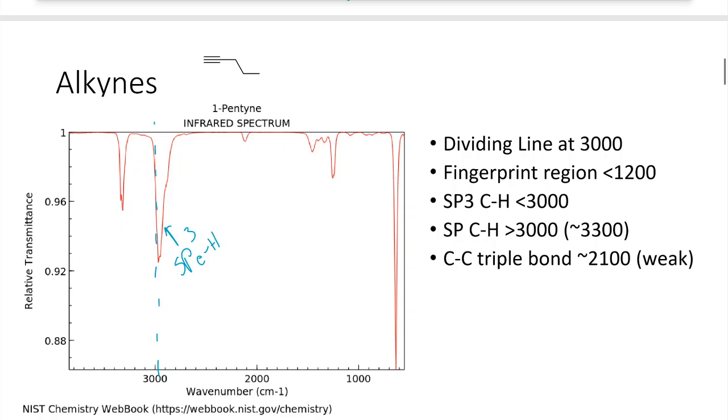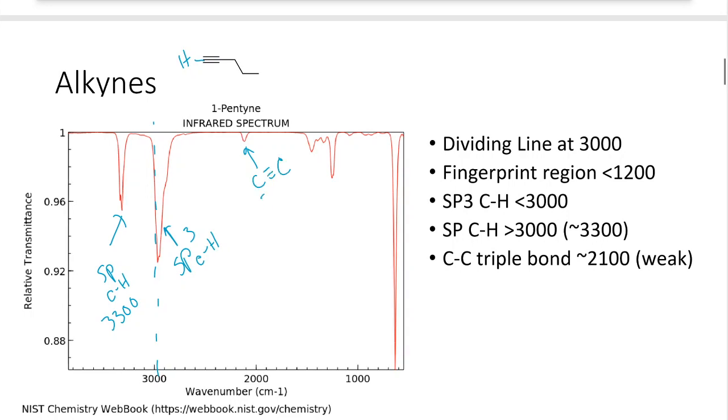And they have, if it's a terminal alkyne, an sp CH stretch at around 3300. And this is kind of a medium intensity peak. It's usually pretty sharp. They also have, if they're asymmetrically substituted, a weak peak for the carbon-carbon triple bond.